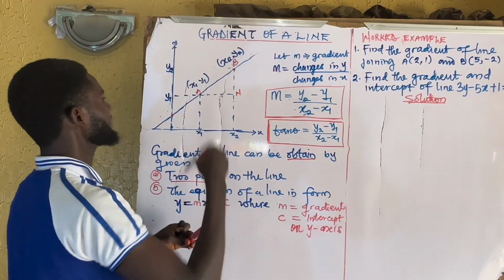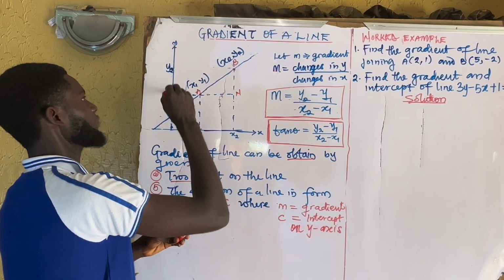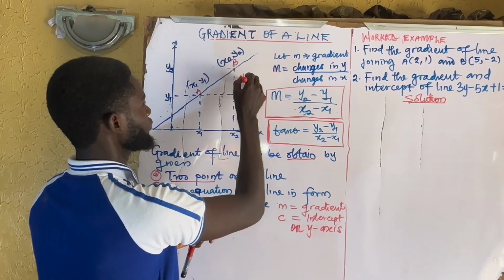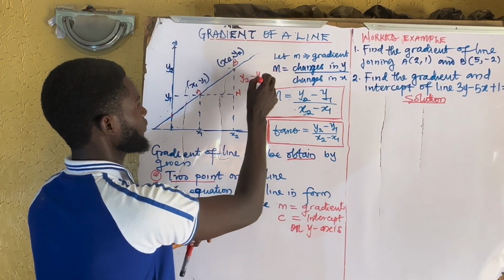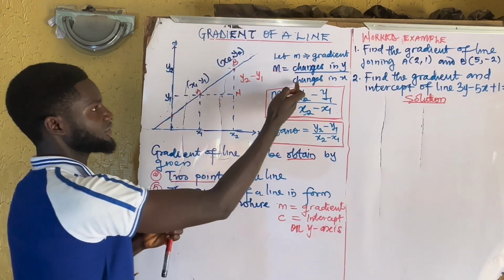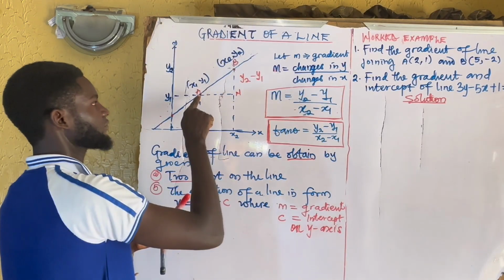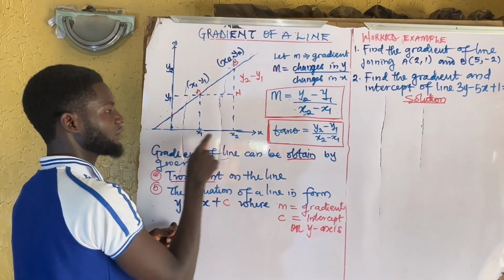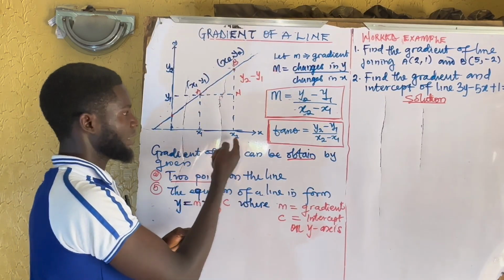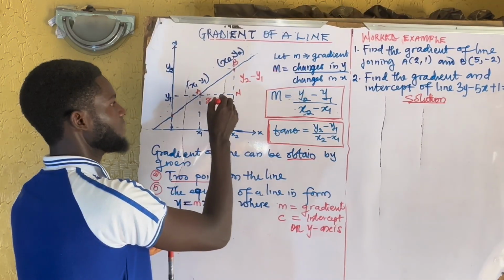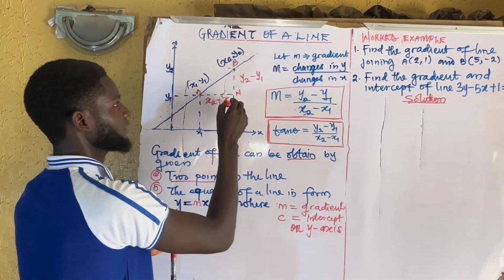To know the distance from y1 to y2, we take y2 minus y1. The same applies to the other side, which is changes in x. The distance from A to N is the same as x1 to x2, and to know the distance, we have x2 minus x1.